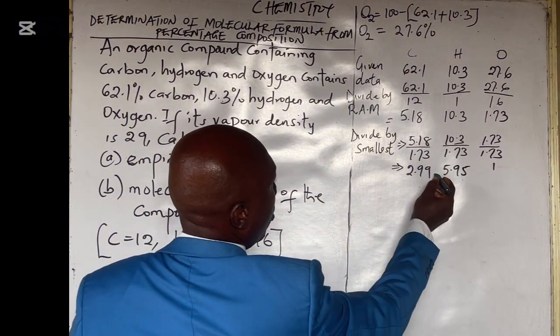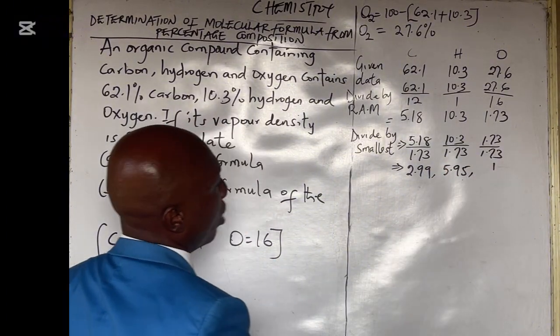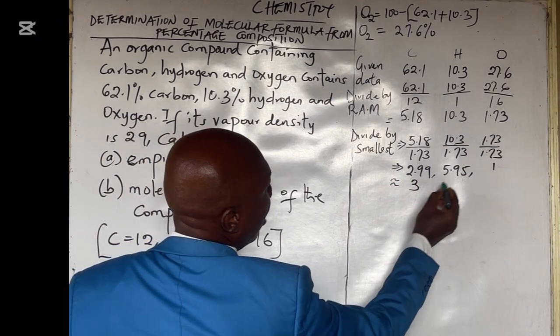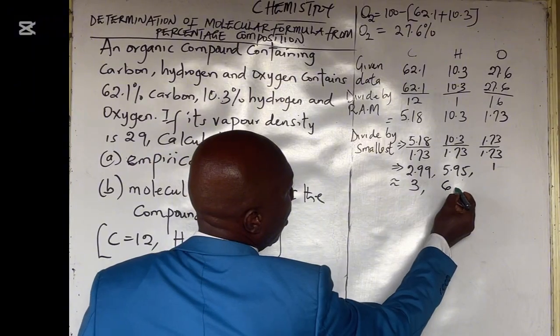So these are the data we have. We can approximate 2.99 as 3, 5.95 as 6, and we have 1.